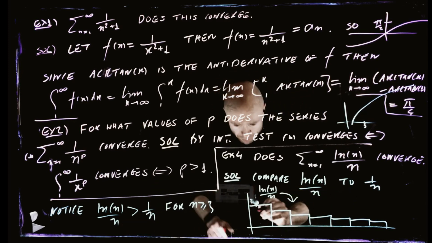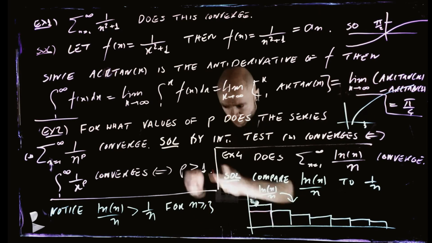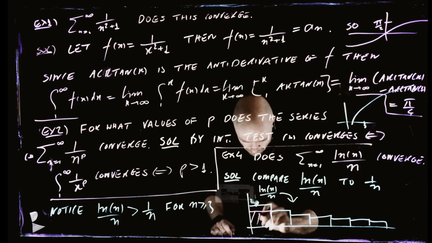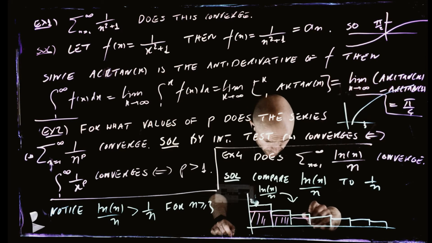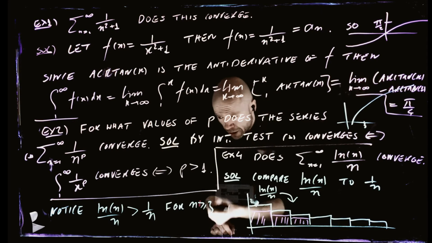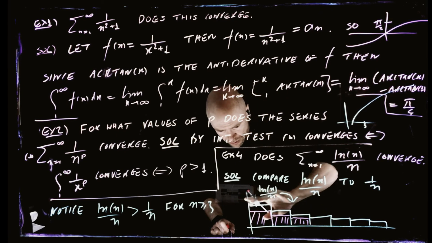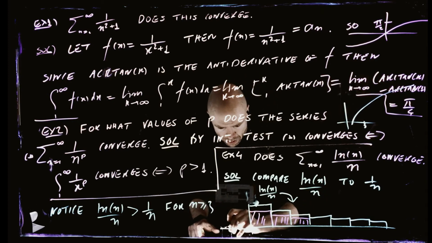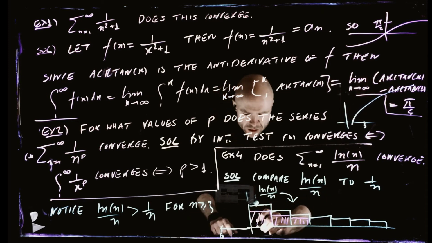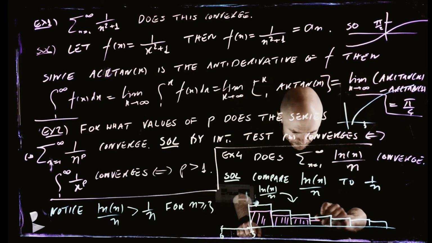Because of this, if we draw the blocks 1 over n, then they are underneath, at least if we start counting from 3 onwards. So let's say that this here is 0 and this is 3. So we're counting from 3 onwards. Do you see what I mean, people?